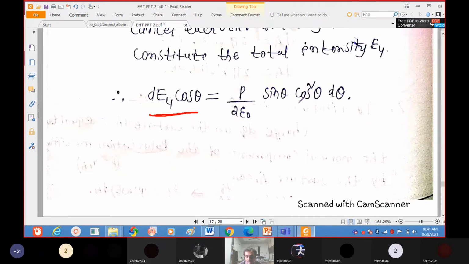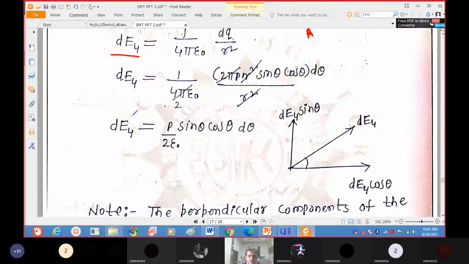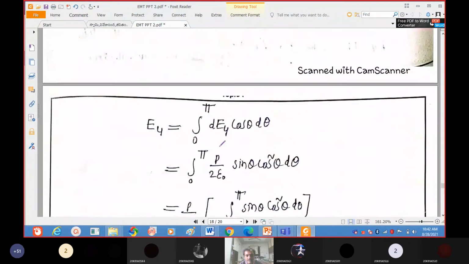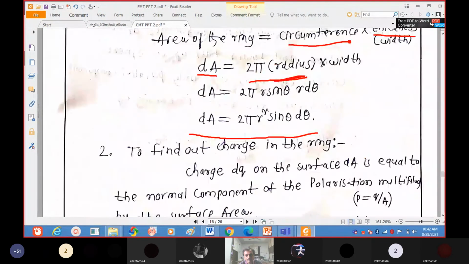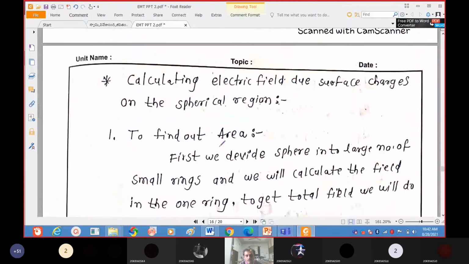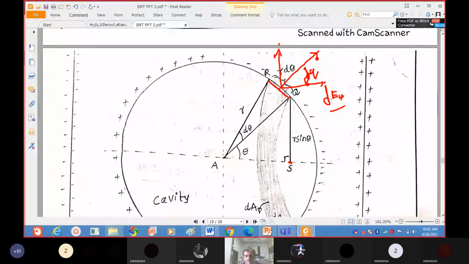That's why I wrote cos square theta here. So this is the dE, and this electric field is only due to this small charge dq.